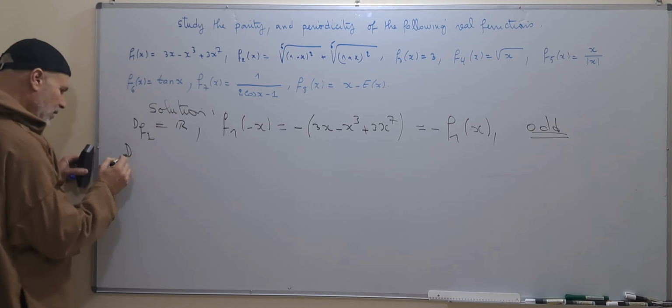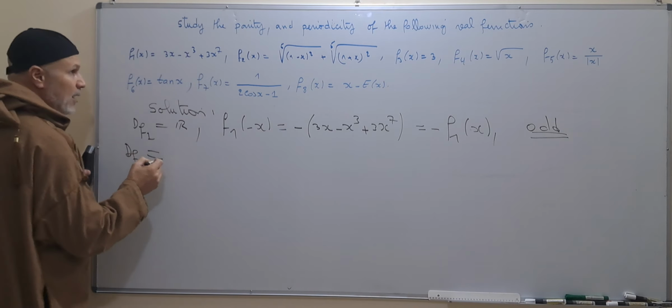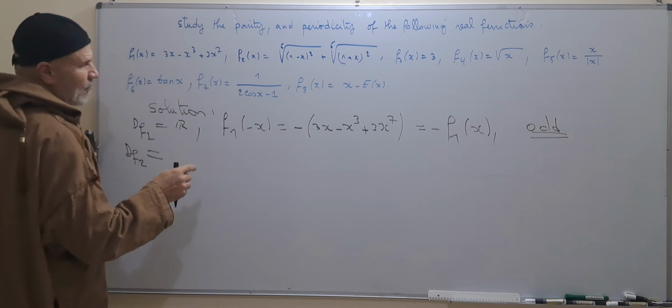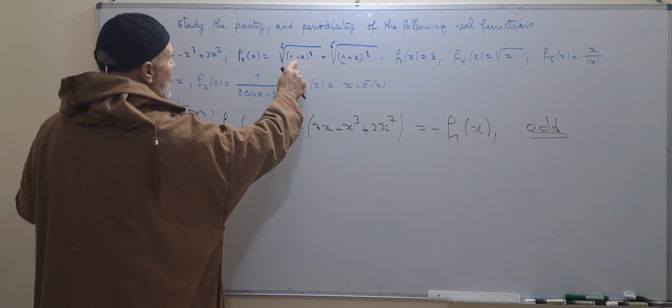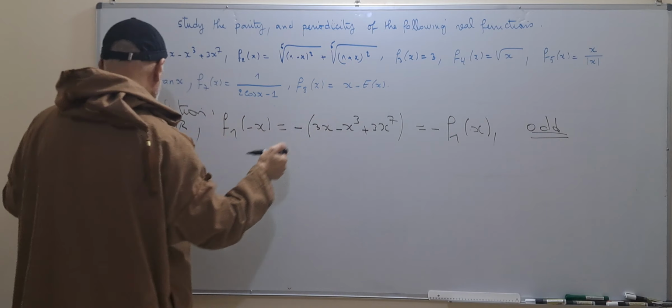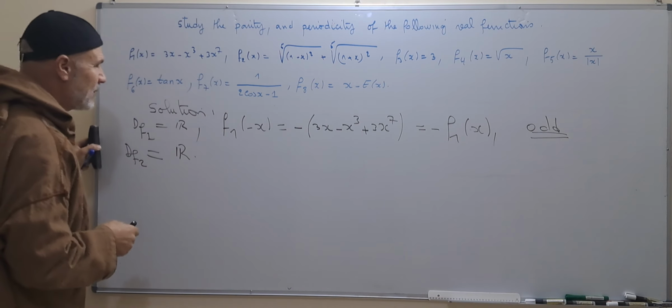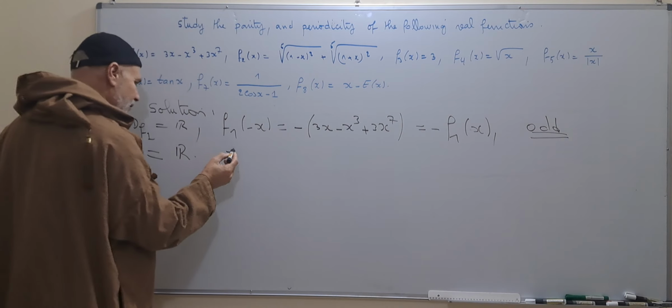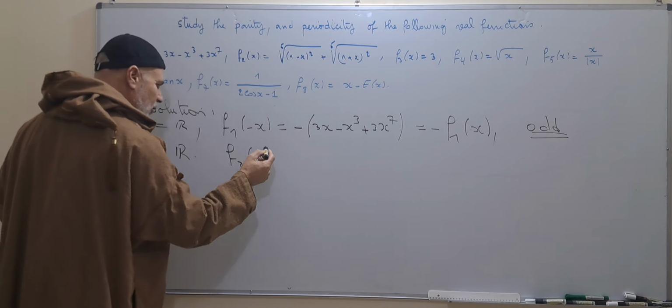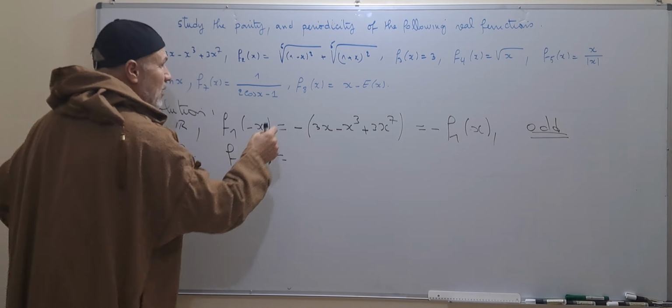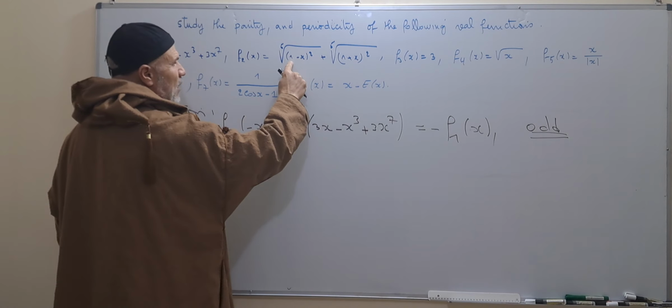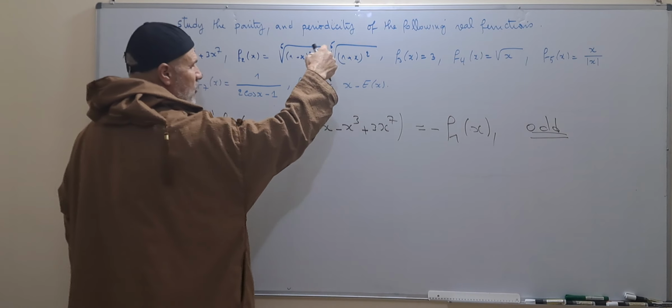f2, since we have a square, the domain of definition is equal to R. And what we have is f2 of minus x. We get here 1 plus x and here 1 minus x squared.